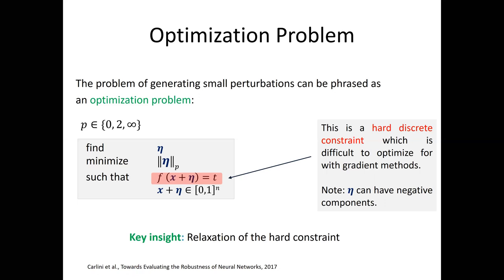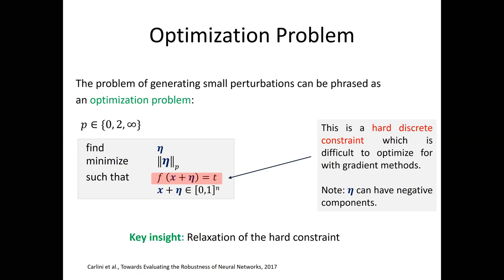And so one thing that you'd like to do is to replace this hard constraint with potentially a soft constraint. And here, what we're going to be discussing through the rest of the lecture are the attack methods of Carlini and Wagner, summarized in this classic paper from 2017 on attacking neural networks.